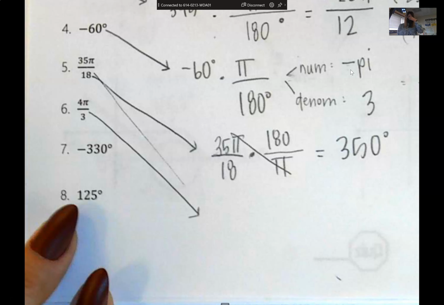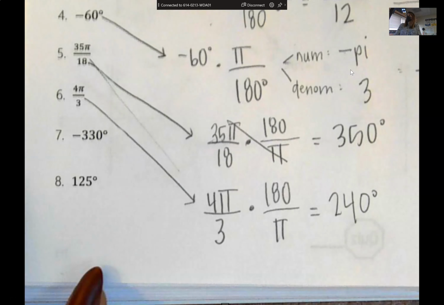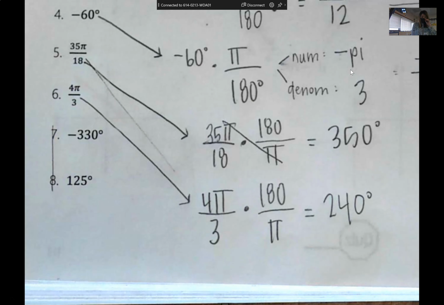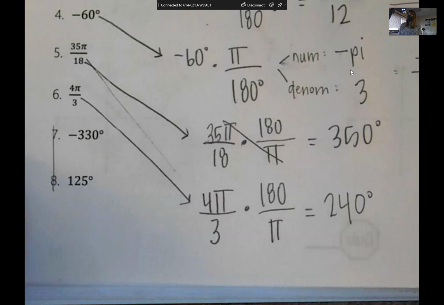I got 240. So you guys got? Okay. So we can skip 7 and 8. If you did them, great. If you didn't, that's okay.